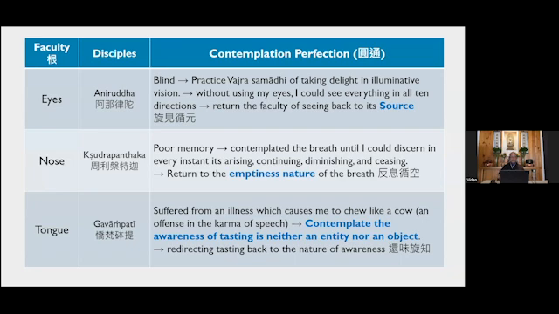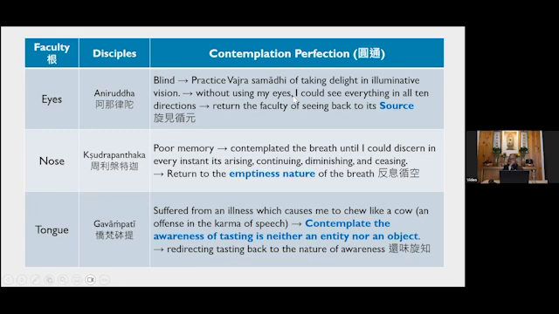Now he's blind, but he used the eye faculty as the practice. So the Buddha taught him to practice Vajra Samadhi of taking delight in illuminative vision. Without using my eyes, I could see everything in all 10 directions. And so he returned the faculty of seeing back to its original source.